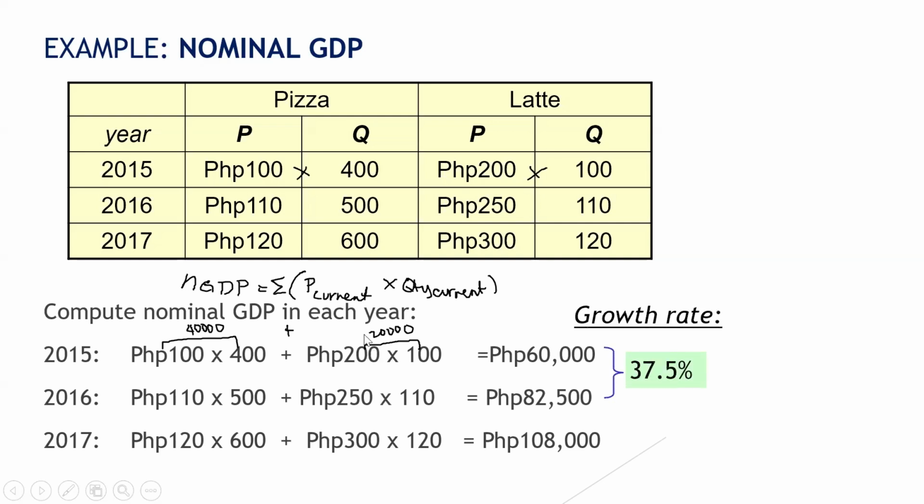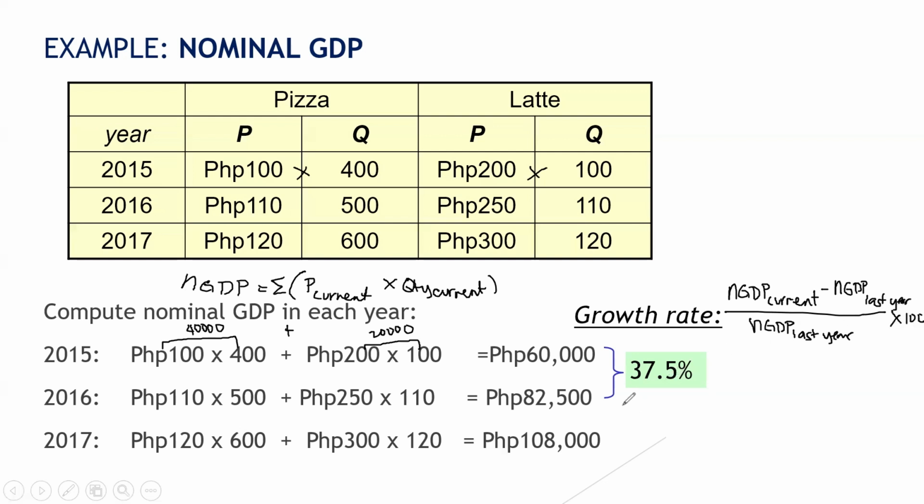Now, if we're going to compute the growth rate, when we say growth rate, it is actually the percentage growth: the GDP of the current year minus the GDP of the previous year, over the GDP of the previous year, times 100. So we have here the NGDP of the current year minus the NGDP of the previous year divided by the NGDP of the previous year times 100.